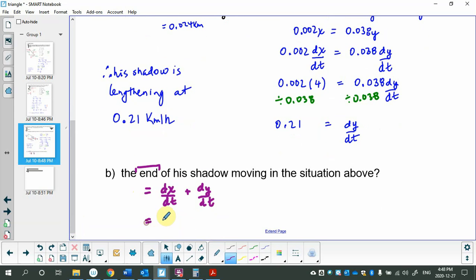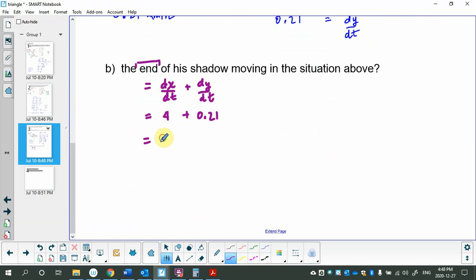So that's 4 plus 0.21 equals, I can do this in my head, that.